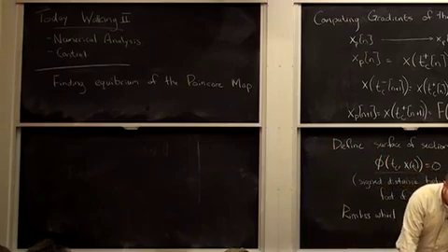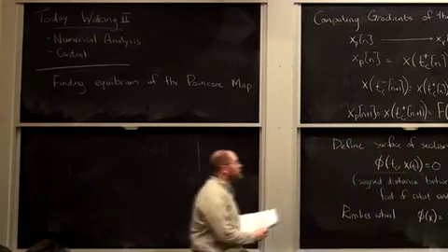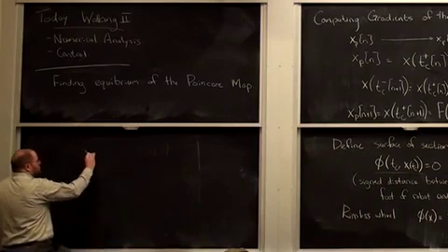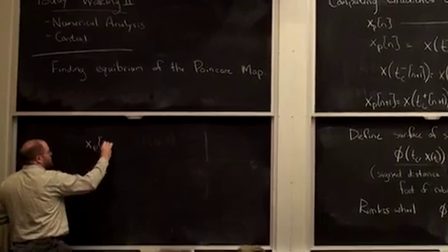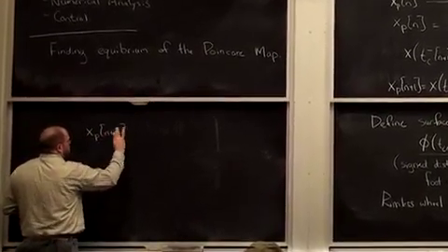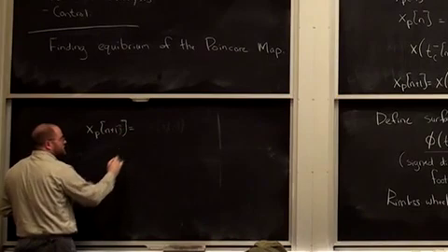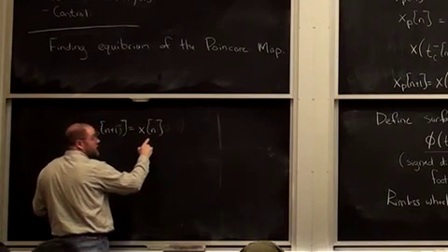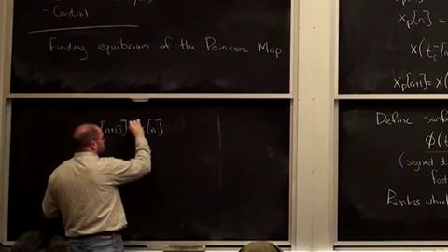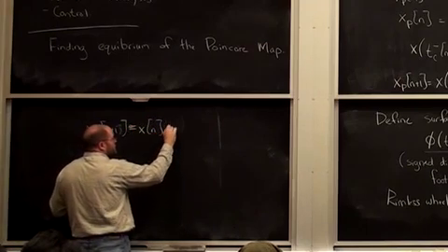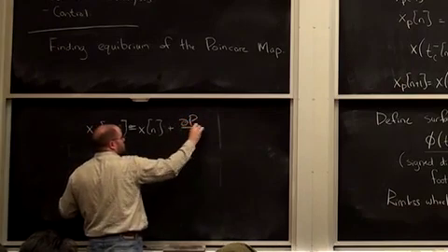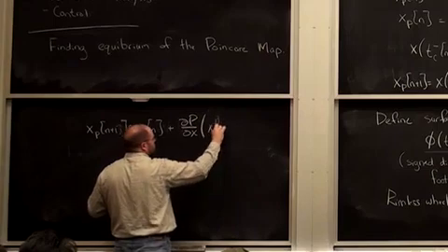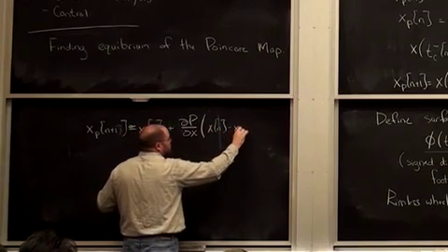Because, well, let's do it. So what have I just done? I've computed partial p partial x, which is telling me that I'm approximating, it's a Taylor expansion of my dynamics around some nominal point.